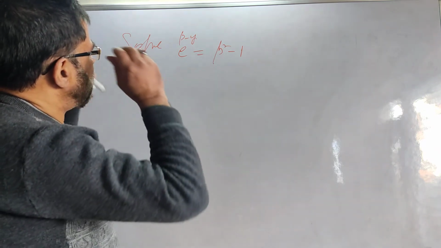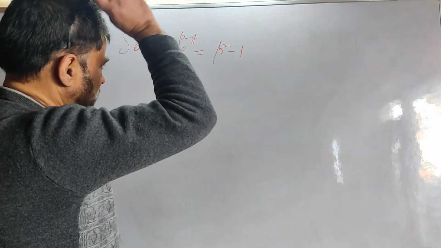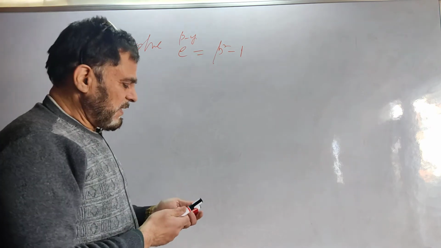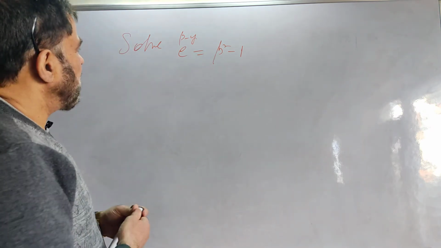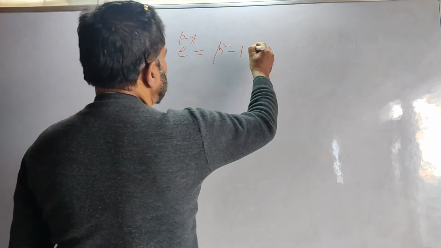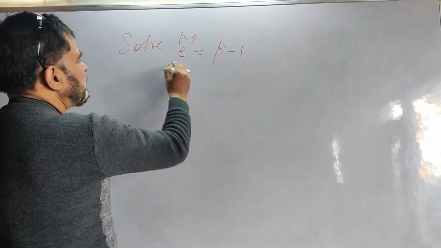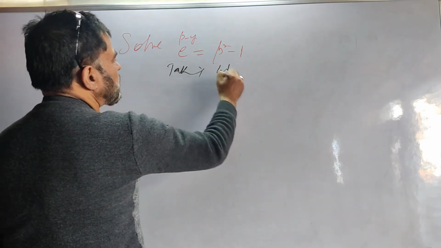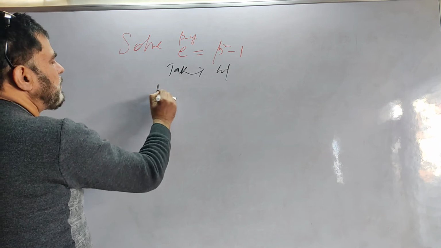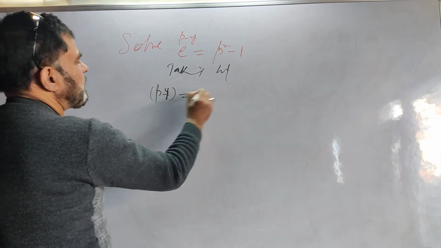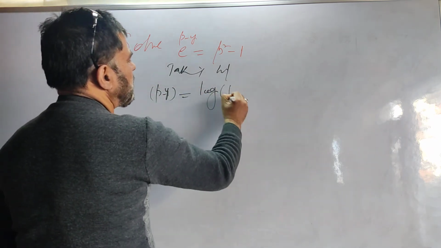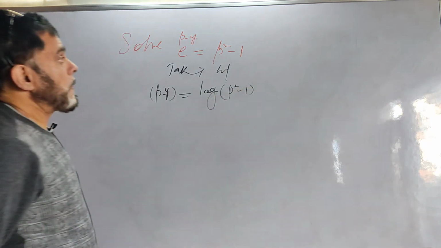Look, you find here y is in linear form. p is not in linear form, y is in linear form. I can go this way, taking log on both sides. This is p minus y is equal to log of p square minus 1.